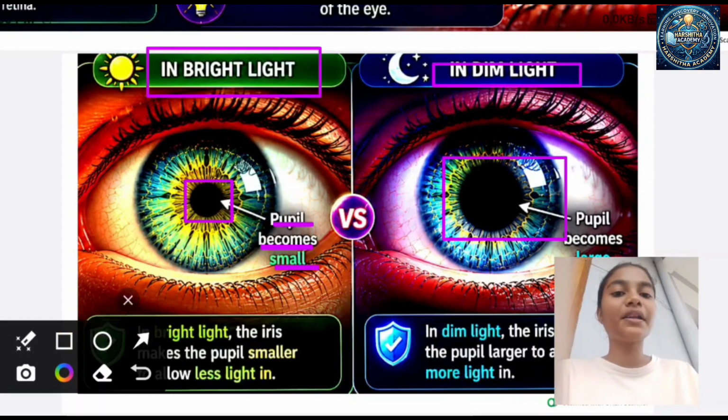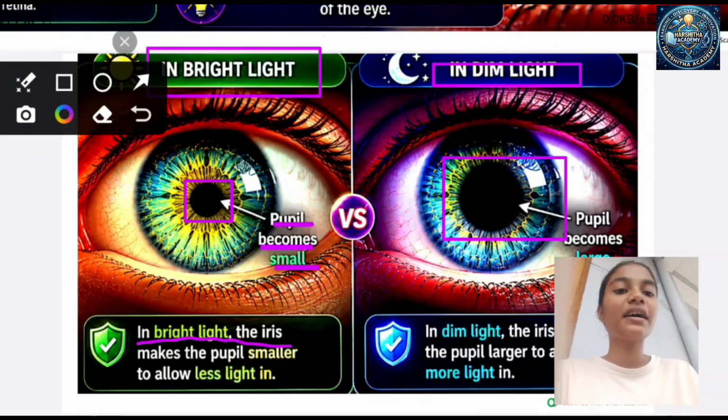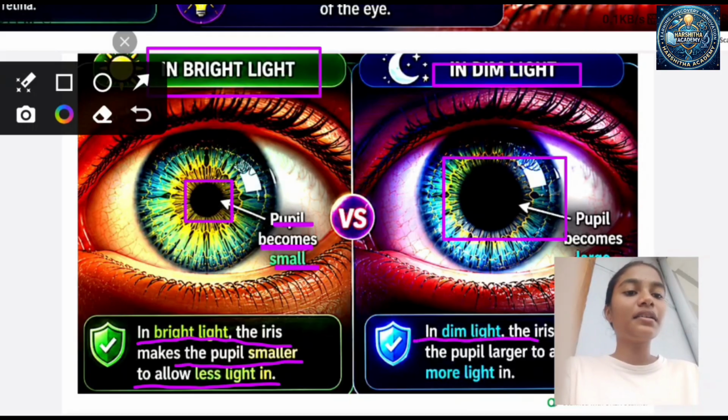This is happening because in bright light, the iris makes the pupil smaller to allow less light in. In dim light, the iris makes the pupil larger to allow more light in. In bright light there is more light, which is enough for the eye to see objects, so the pupil becomes smaller.